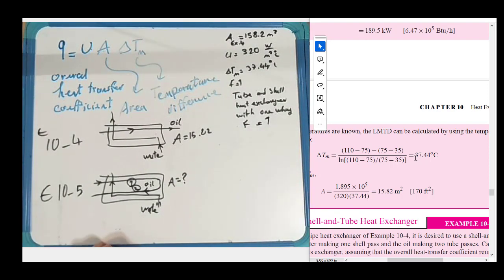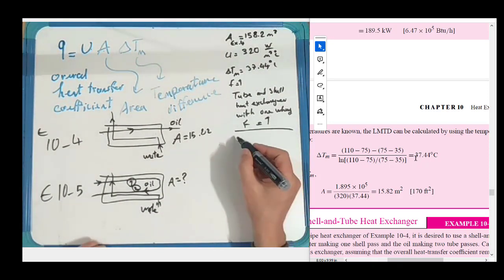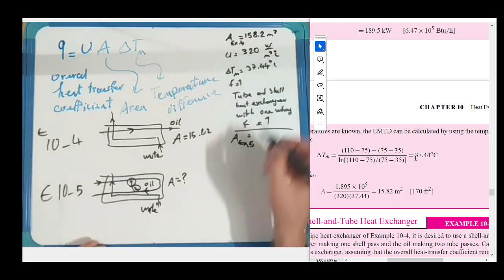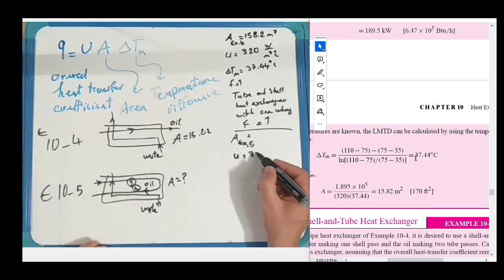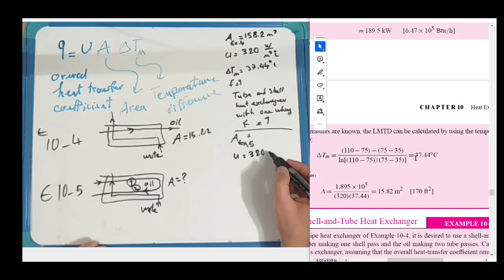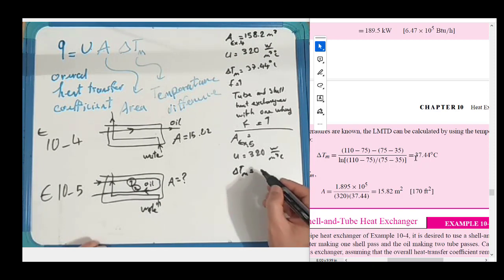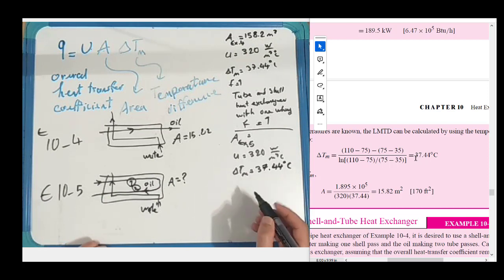But in our example, example 5, we want to know A. U is equal to before, 320 watts per square meter degrees Celsius. Delta Tm is equal to that of one way, 37.44 degrees Celsius. F, we should calculate F. It is a parameter, I will explain about that.